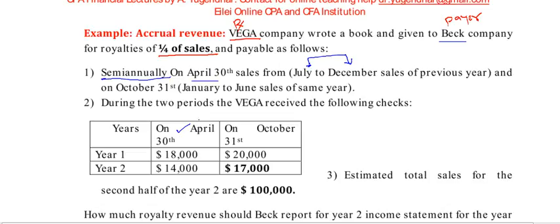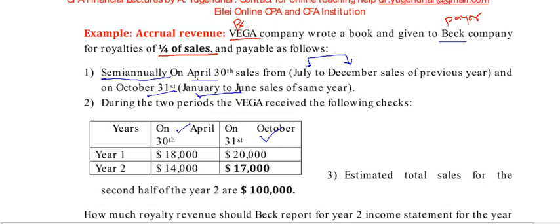And on October 31st, they will pay for this year's January to June sales. So we receive royalty two times every year: on 30th April, related to the previous year's July to December sales, after 4 months; and on 31st October, related to the sales of January to June.